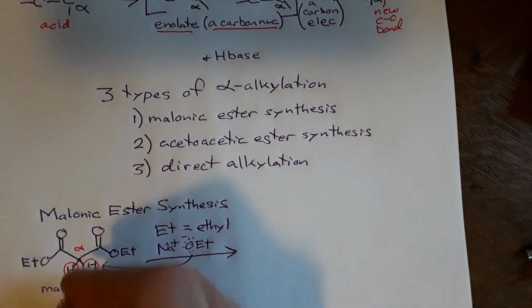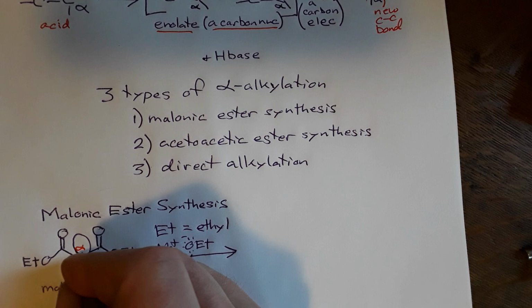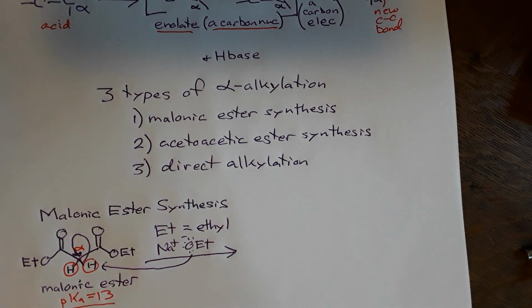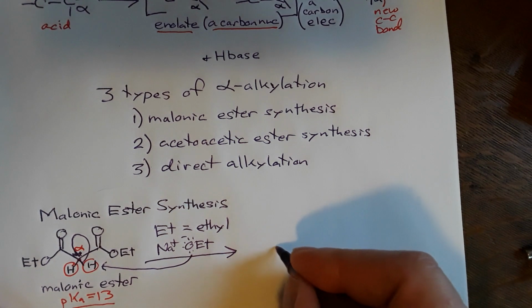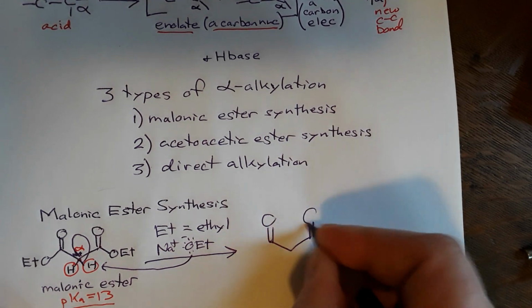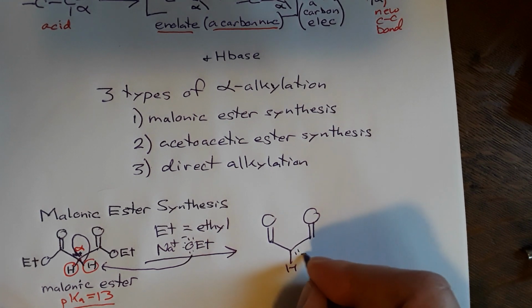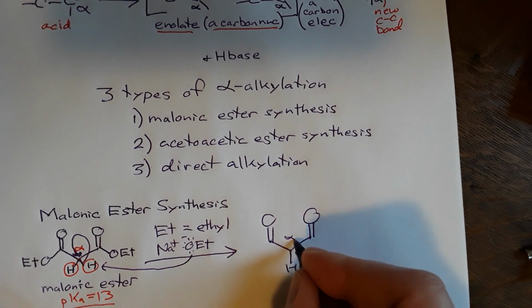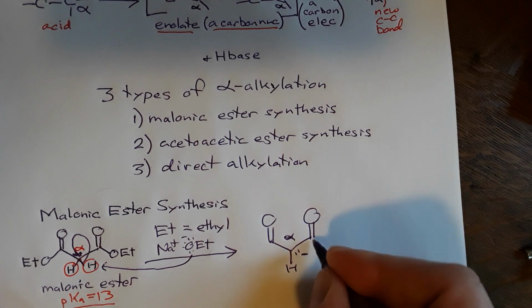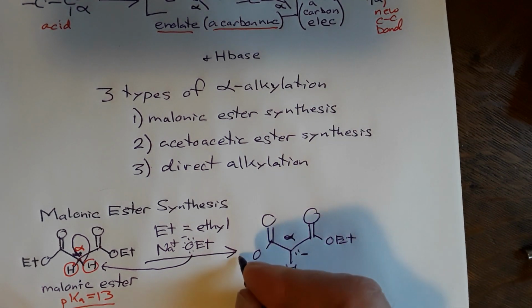So we have a pKa of 13, pull off the acidic hydrogen, dump the electrons in here on the alpha carbon, and we end up with the conjugate base here that has 1 hydrogen left, a negative charge on the alpha carbon, and then our ester groups haven't changed.